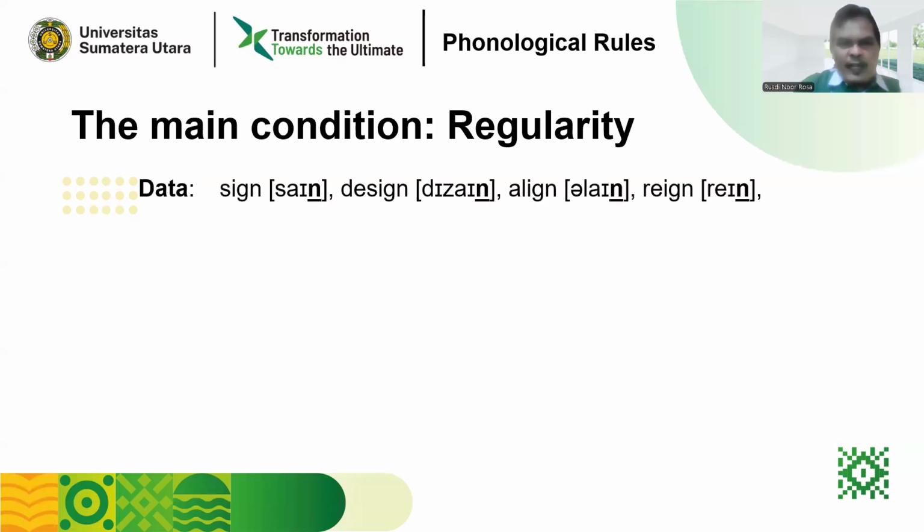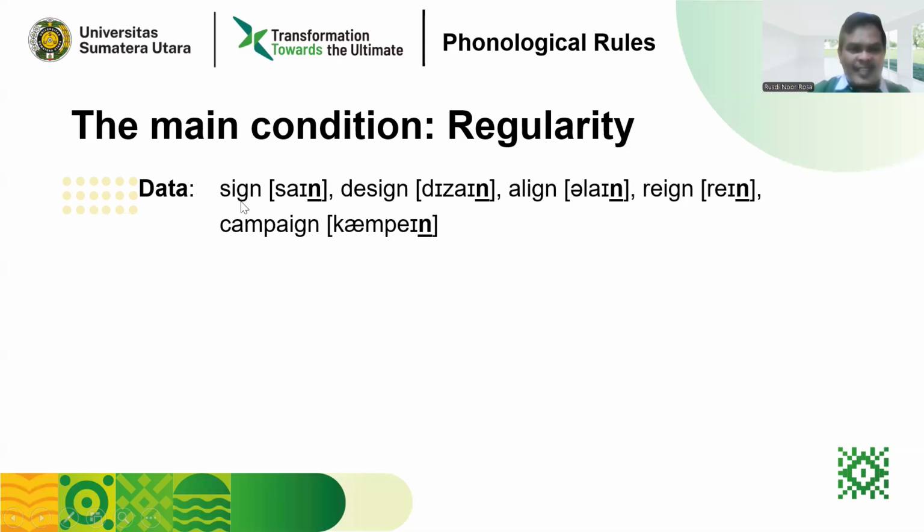Now, let's see. We have here sign, design, align, grain, and campaign. It seems to us that these data are regular. Why do I say regular?